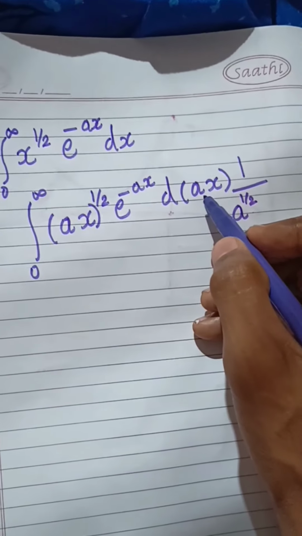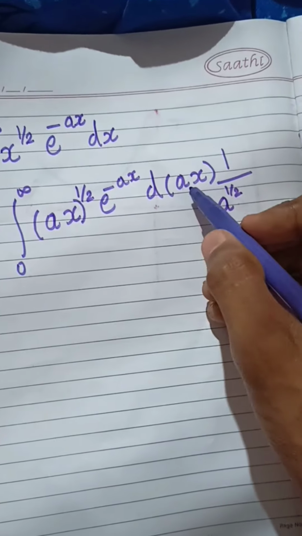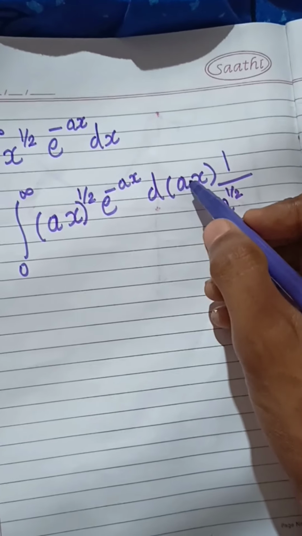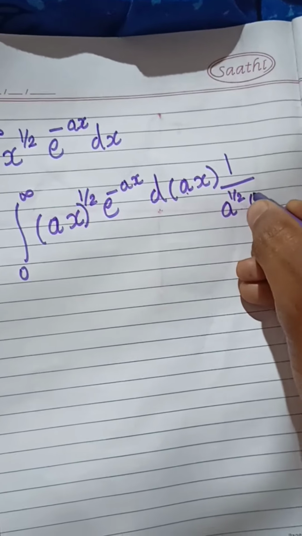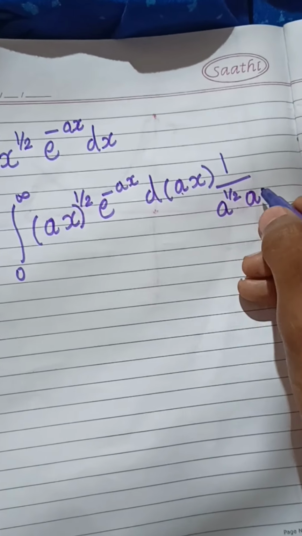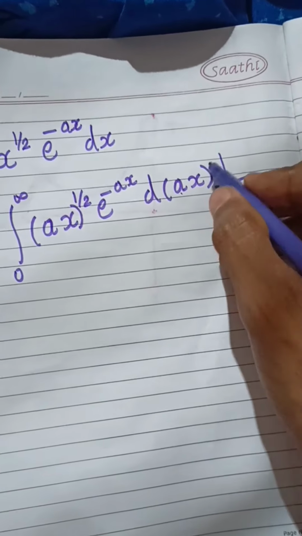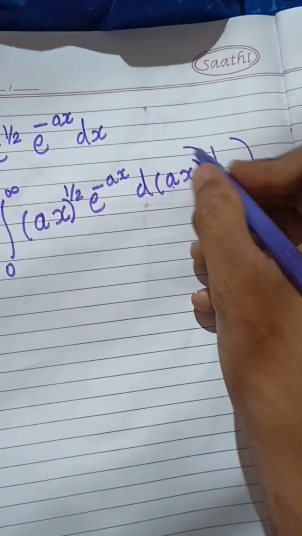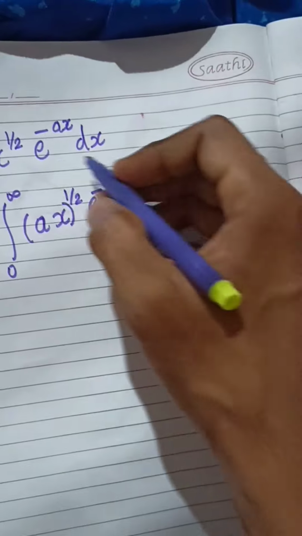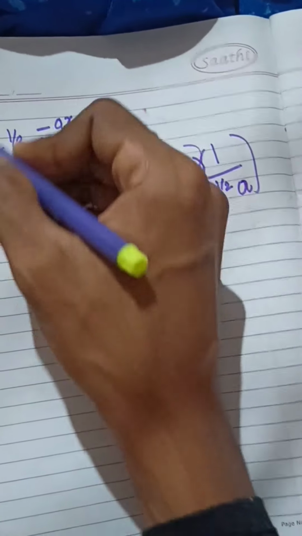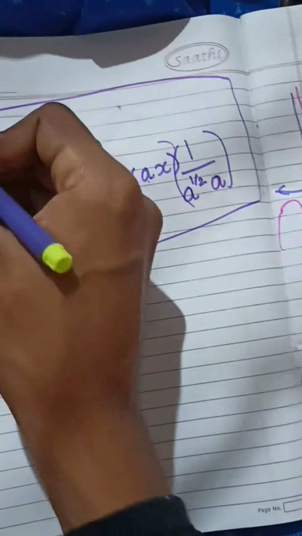To avoid the contribution of this a, we need to multiply by 1 by a. So if you multiply this expression with the factor 1 over a to the power 3/2, you will get this expression. So these two expressions are equal.